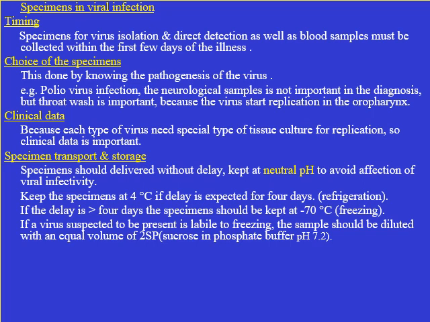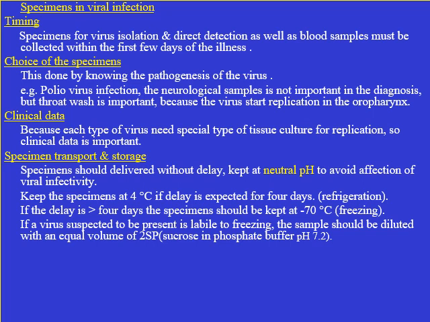The other point is choosing the specimen. This is done by knowing the pathogenesis of the virus. A good example for this is poliovirus infection. Here, neurological samples are not important in the diagnosis, but the throat wash is important because the virus starts replication in the oropharynx.